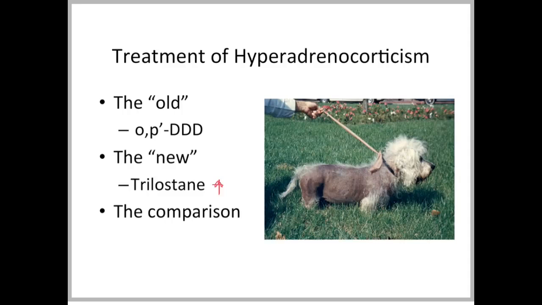Trilostane is an approved drug for the dog, whereas OP prime DDD has been used sort of historically and is not technically an approved drug. It's still available as a drug for cancer in humans, adrenal cancer particularly, but it certainly is indicated for that indication in the dog when that possibility exists of particularly metastatic cancer. And we'll compare the two in our final session.